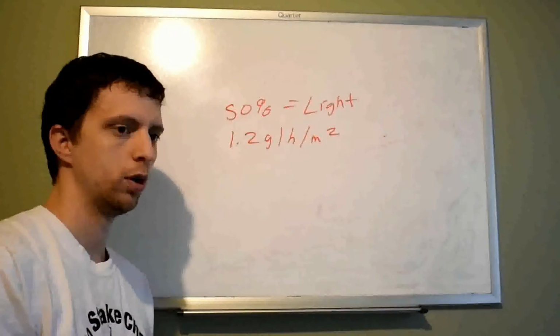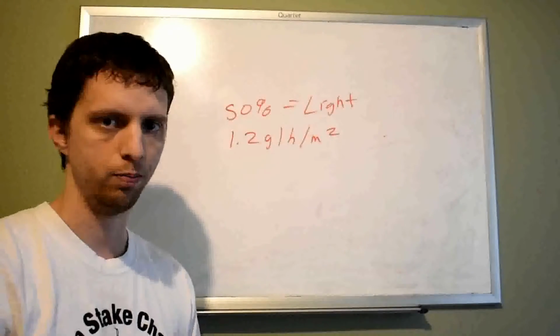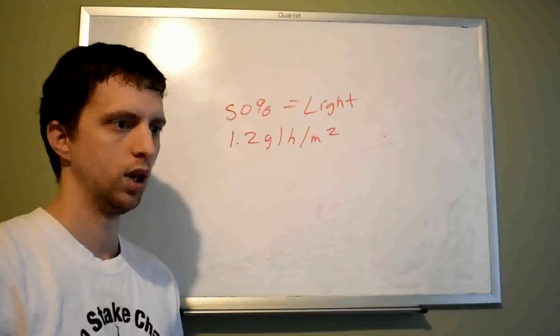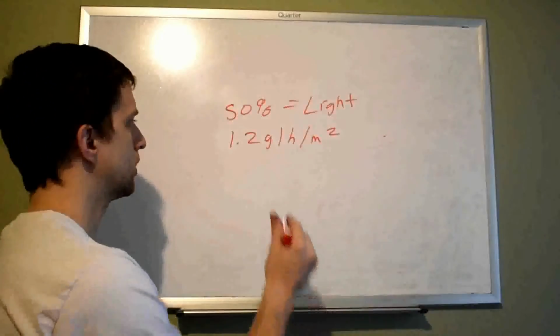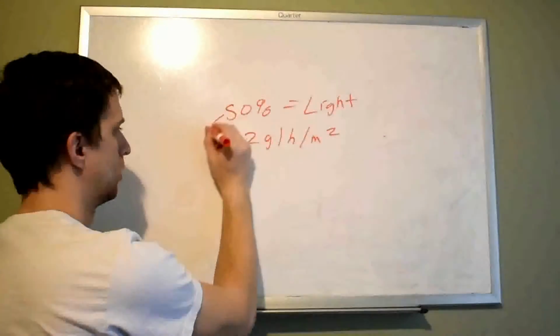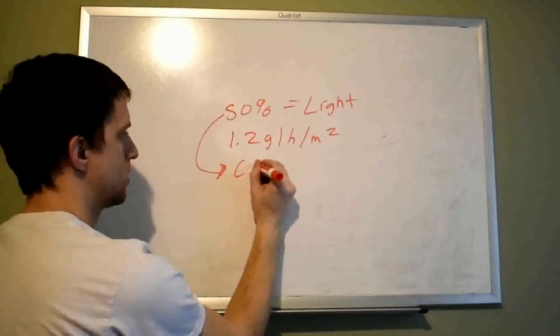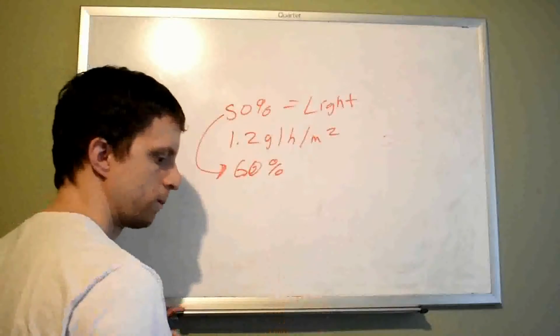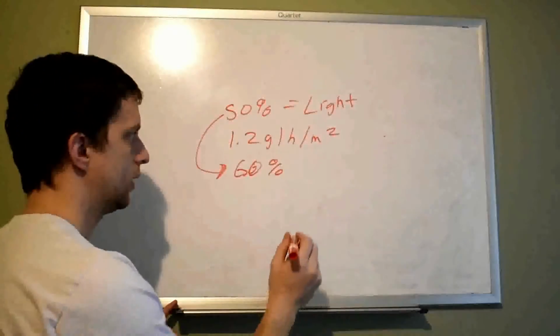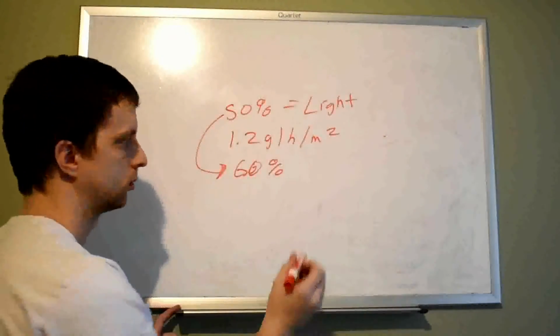What happens, we can do a perturb and observe type algorithm to determine if we're giving enough light, or if we need more light, if we need less light. So let's increase it to 60%. And then let's take another CO2 reading.